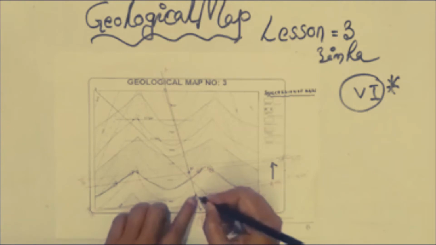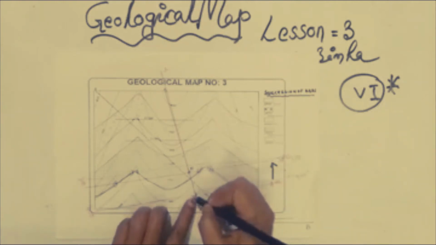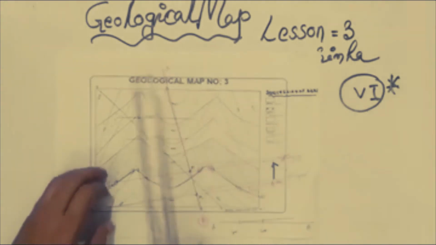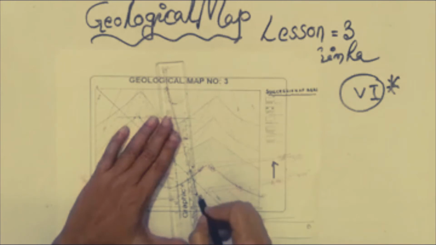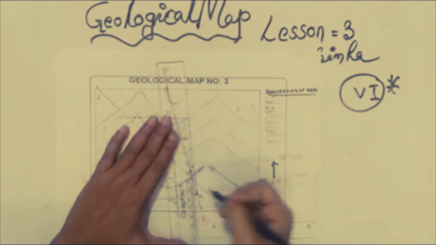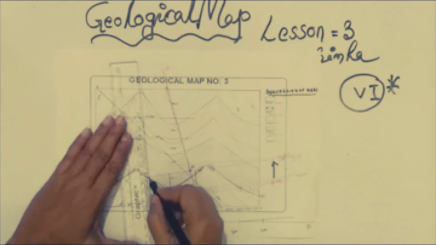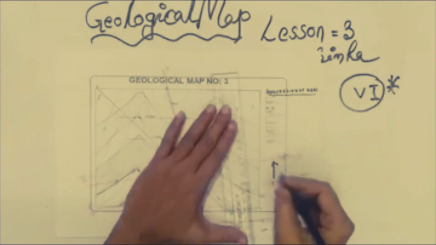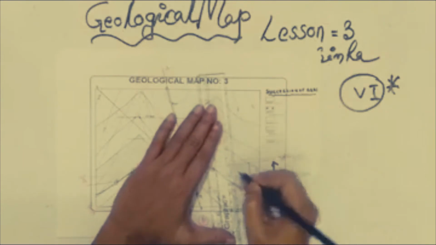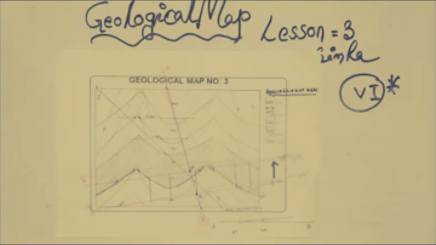Either M will be at the perfectly opposite point, or M will be perfectly opposite to N. Then that will be the minimum distance. You can take it here, here, here, throughout the two consecutive strike lines. You can identify the minimum distance.